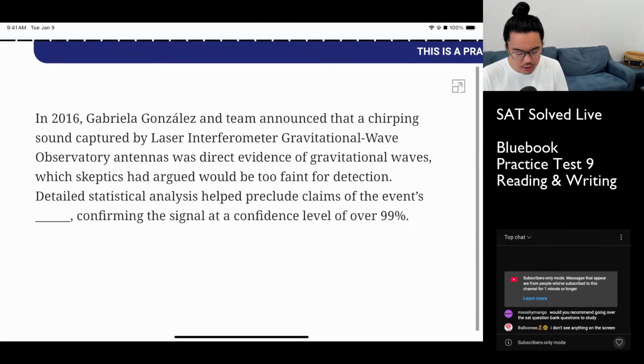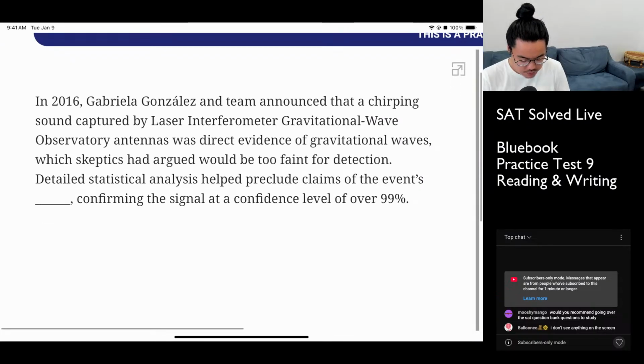All right, number 3. Scientists announced that a sound captured by the detector was evidence of gravitational waves. Skeptics said you couldn't detect gravitational waves. Statistical analysis helped preclude the claims of the event's falseness. Oh, okay, preclude. So it's a double negative here, because it is a signal with a lot of confidence.